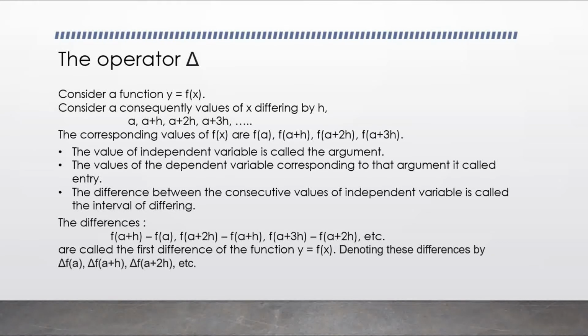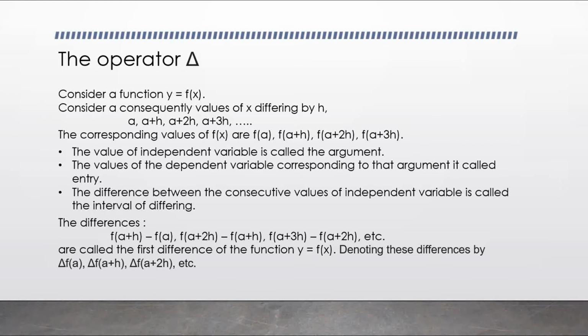The differences f of a plus h minus f of a, f of a plus 2h minus f of a plus h, f of a plus 3h minus f of a plus 2h, etc. are called the first differences of the function y is equal to f of x.